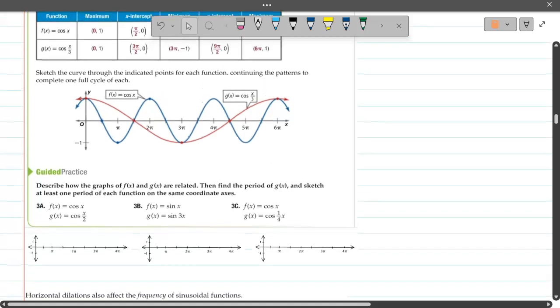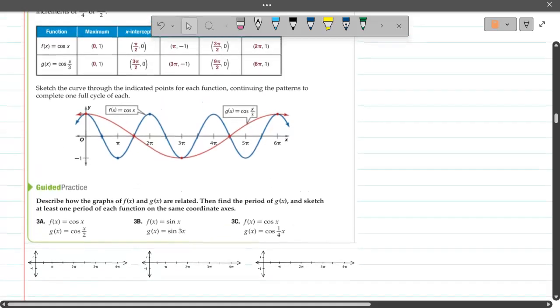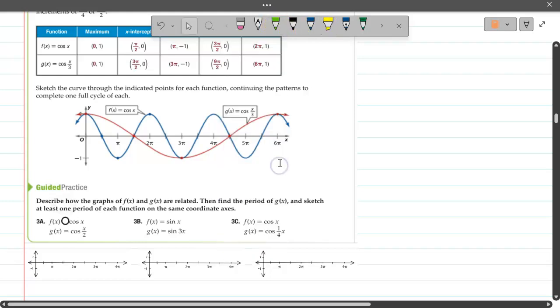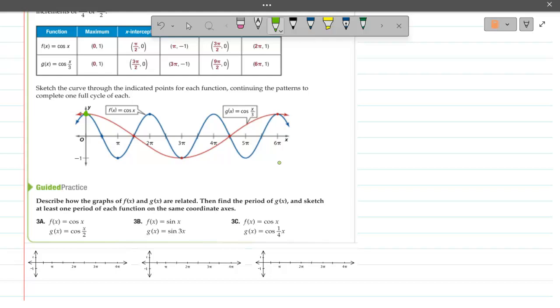So, for instance, you can see right here, I'm going to point out, is lime green here. Here's my starting point. If I trace along my blue graph, I would have to keep tracing until I get all the way back up to 1, because these are at the same level. And then I look down, and that's my period.